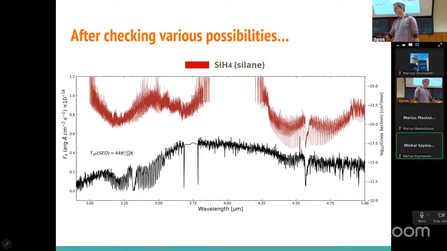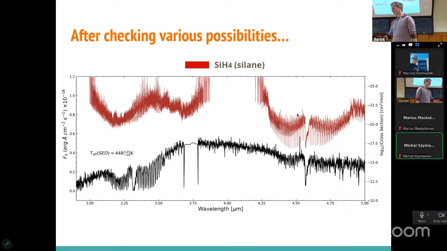As you can see here in this comparison plot, it has a quite strong feature, right exactly on the spot at 4.56 more or less microns, where we wanted it to be. It's just a single line, okay? We see just a single feature, but it fits pretty well with what we would expect from this molecule.